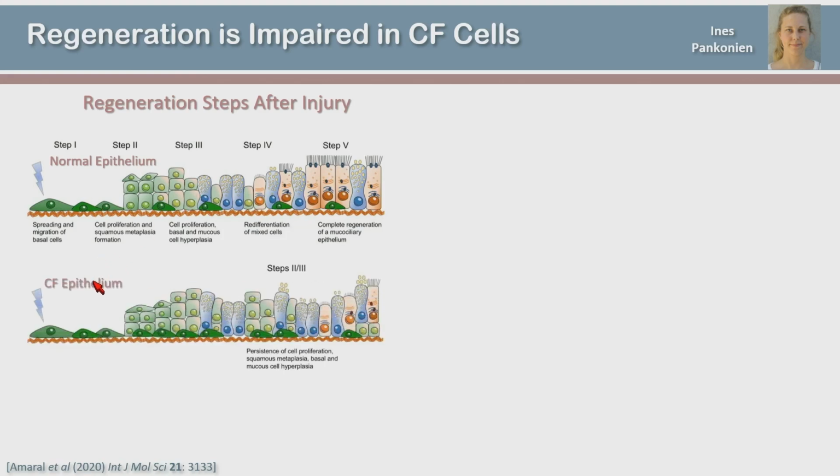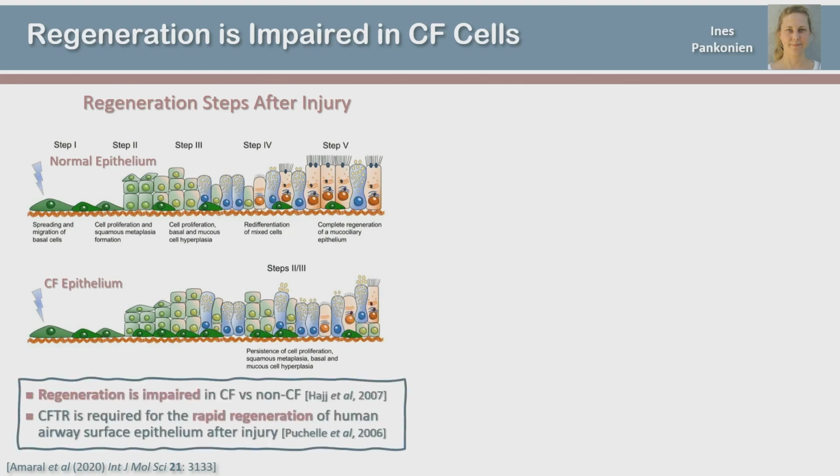Now, what happens to the CF epithelium when it is injured by some challenge? It goes quite well up to here. Here in step 2, I already showed you that there is increased proliferation, so that's not a big issue. But it's in these steps, the latest steps of differentiation, that there is a problem, at least a delay in getting to the final stages.